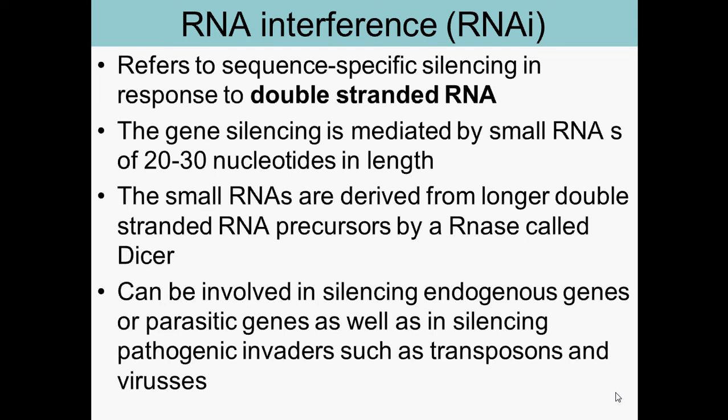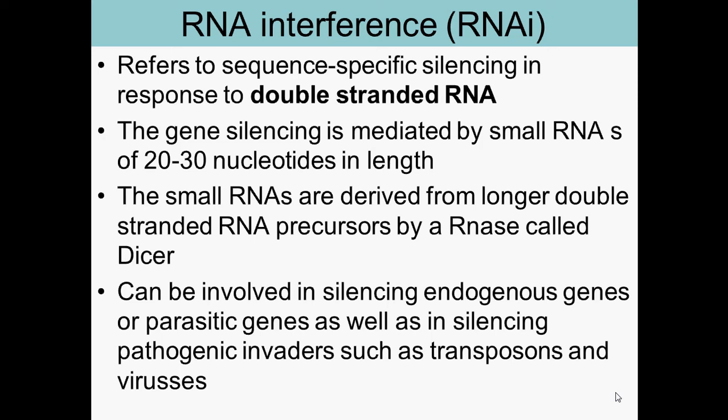And so there's two ways: you can destroy the mRNA or you can inhibit translation. And in humans, we only found inhibition of translation, but we can cause destruction by artificially inserted interfering RNAs.